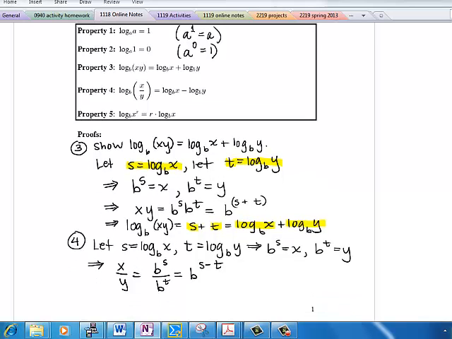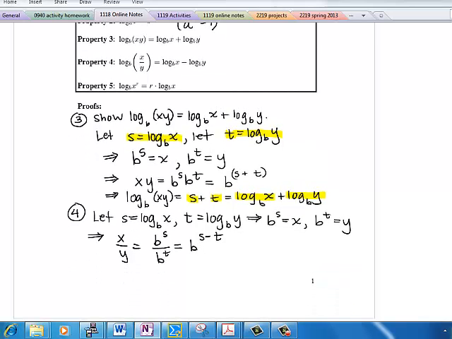And that tells us then that the exponent we put on b to get x over y is the same as s minus t. So the log base b of x divided by y, the quotient, is the same as s minus t, but s was what we used to represent the log base b of x, and t was what we used to represent the log base b of y.